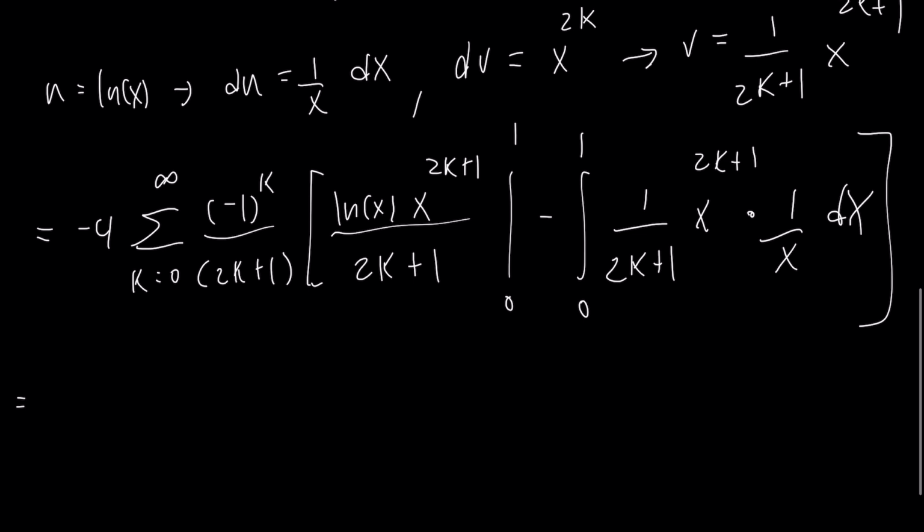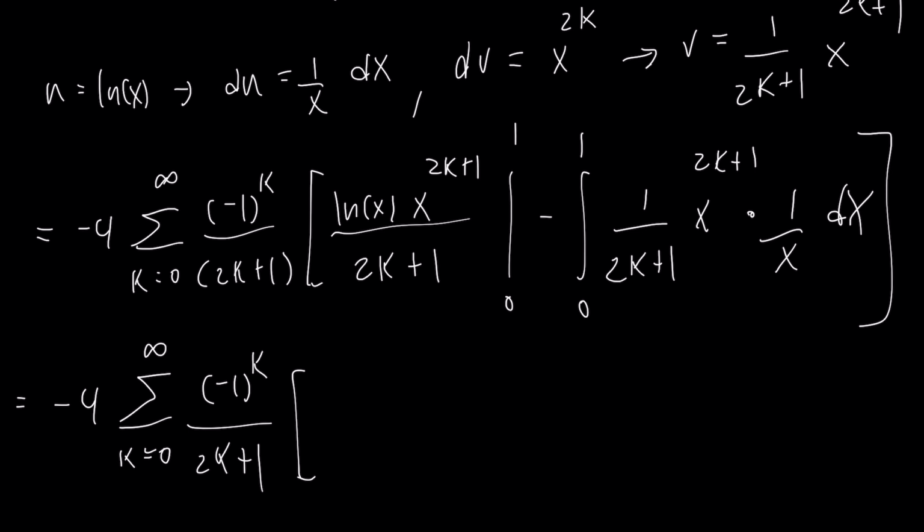So this is equal to -4 the sum from 0 to infinity, (-1)^k divided by 2k+1. And as x approaches 0 and x approaches 1, this will go to 0. We could bring down the -1 over 2k+1 constant. So we have -1 over 2k+1, the integral from 0 to 1.